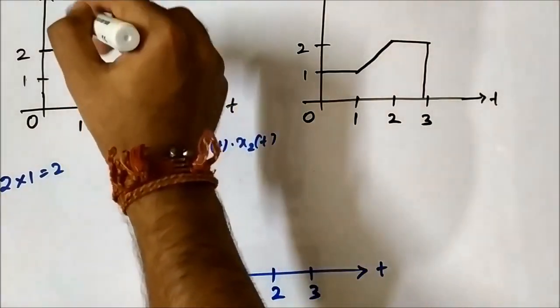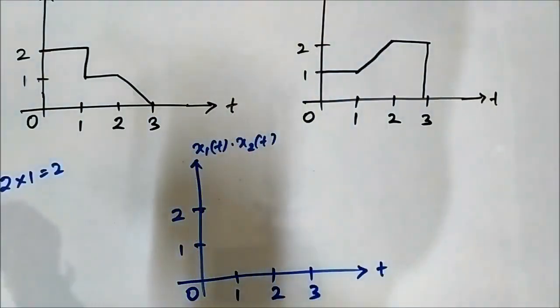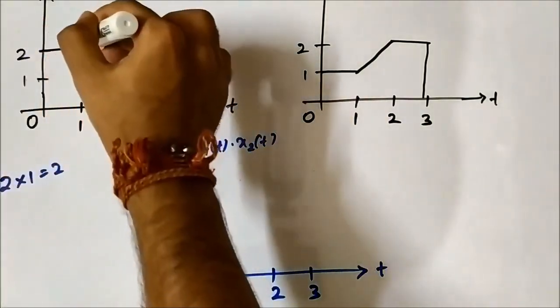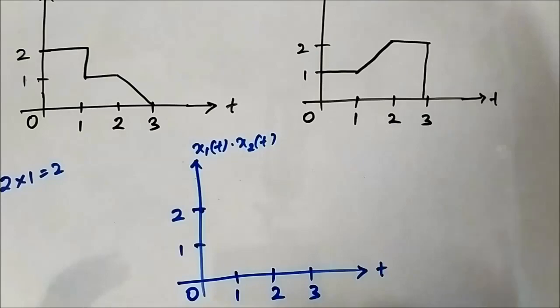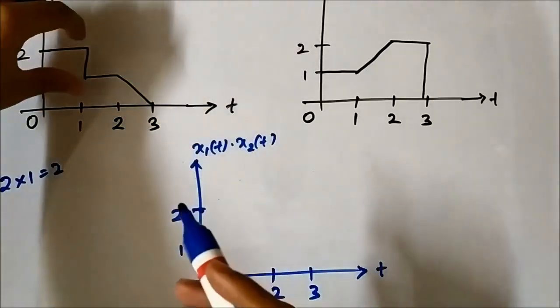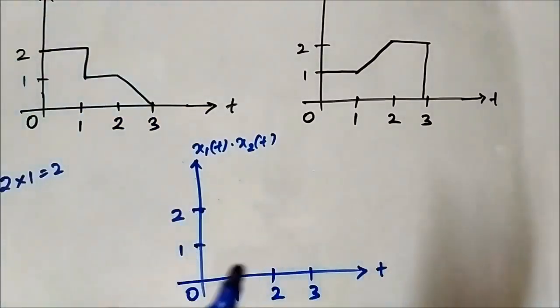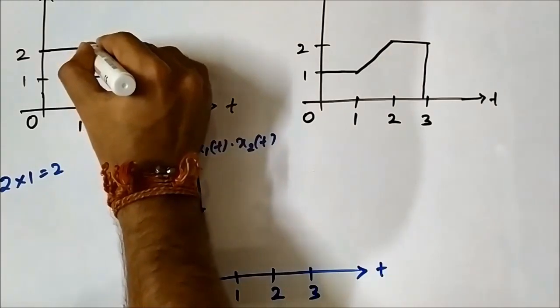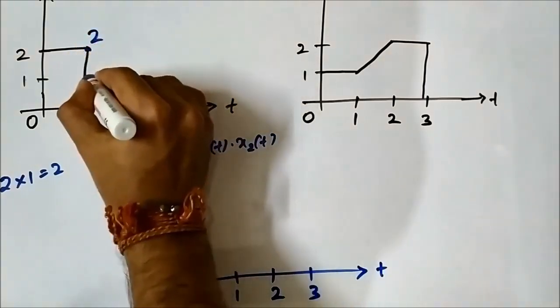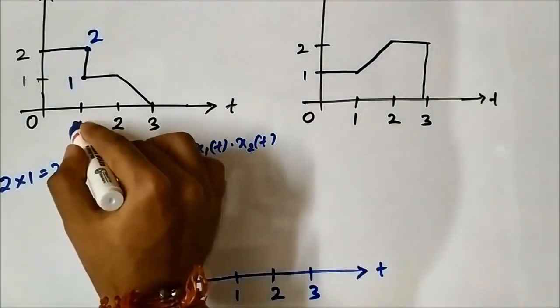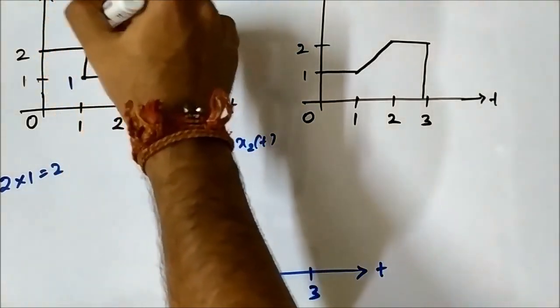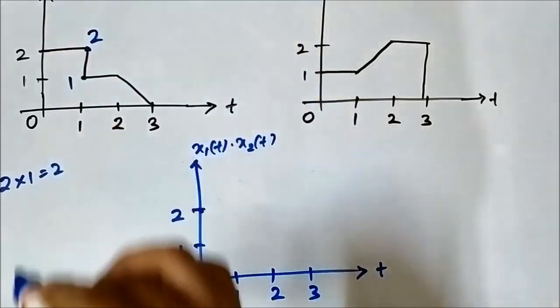This is very important, and I also mentioned it in the signal addition videos: whenever there is a sharp transition, either from top to bottom or bottom to top, high to low, low to high, 2 to 1, 1 to 2, you have to consider both the values. Here it is 2, here it is 1, so we have to consider both of them. At t equals 1, x1(t) has two values, 2 and 1, because of this downward transition.